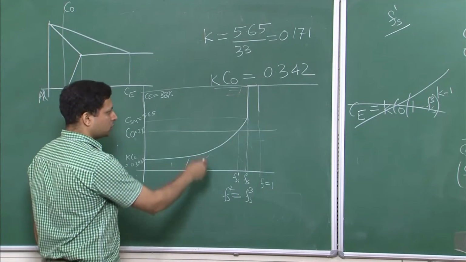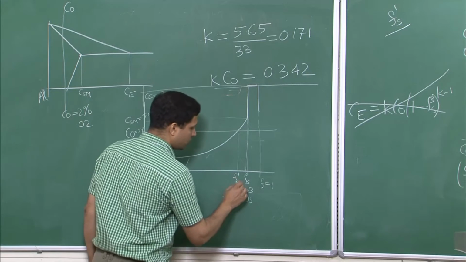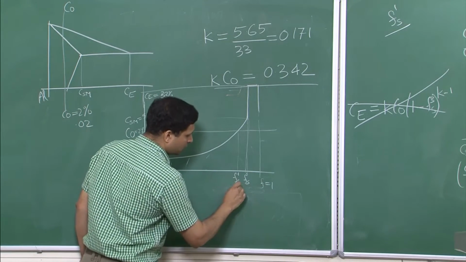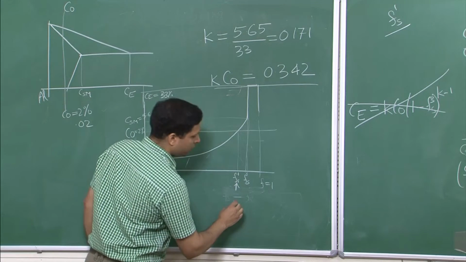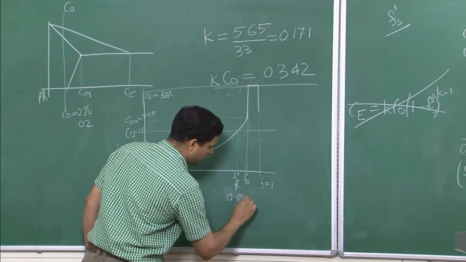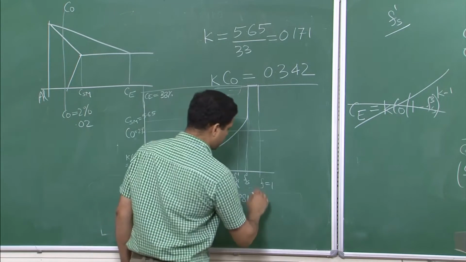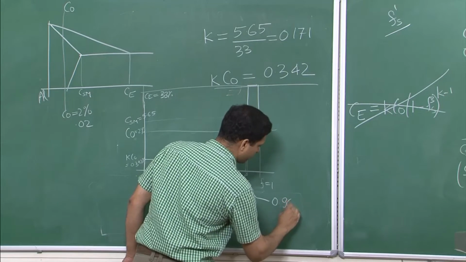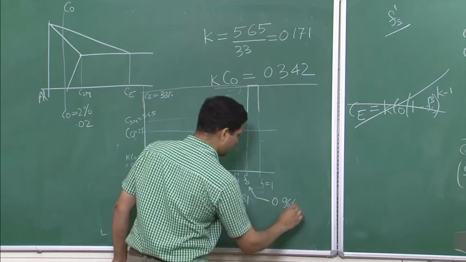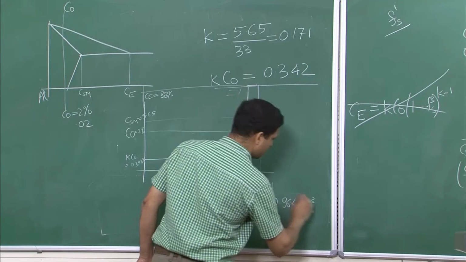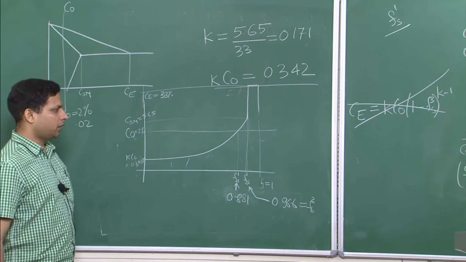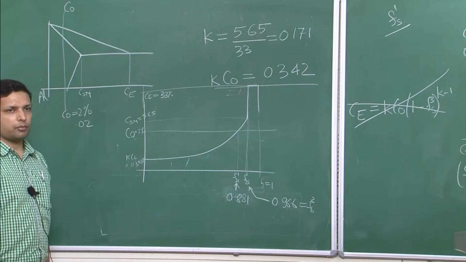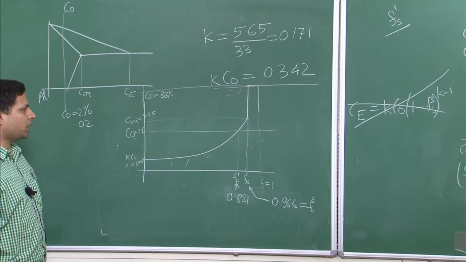So for this plot we can now simply write the values. FS1 is 0.881, FS2 is 0.966, and Fs is equal to FS3. So these are the different values of Fs, and we have solved it completely and found all the fractions that were needed.